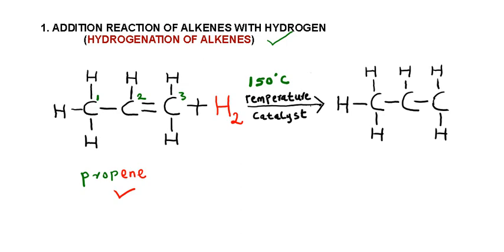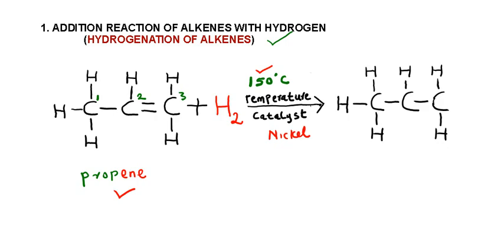What happens? Now, this is under a condition that the temperature will have to be 150 Celsius, and it has to be a catalyst called nickel. Called what? Nickel catalyst.